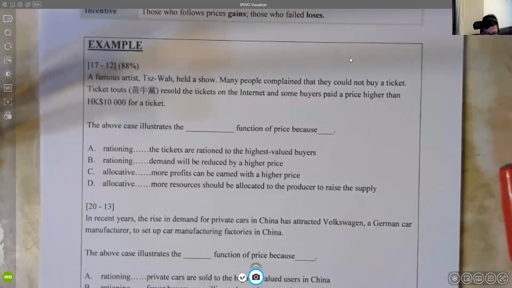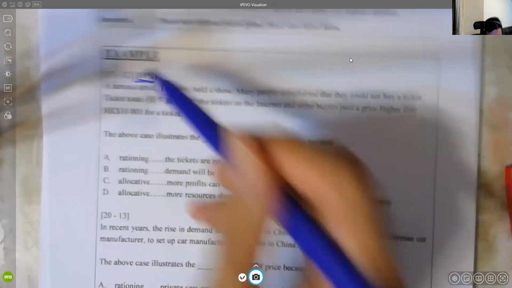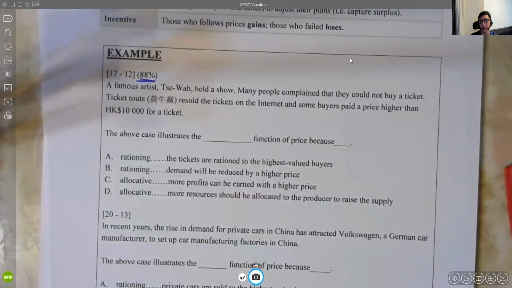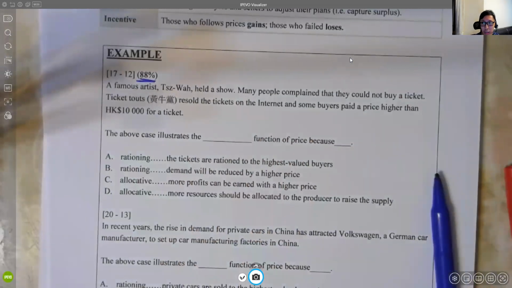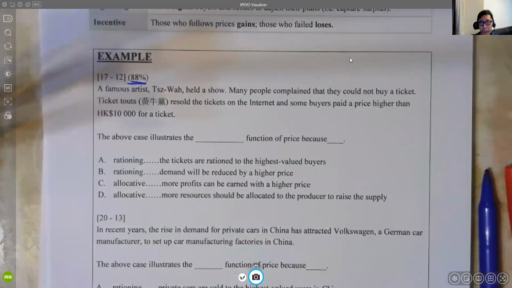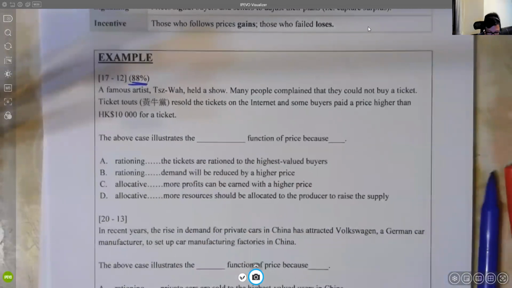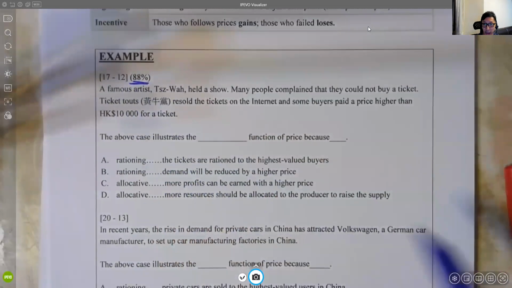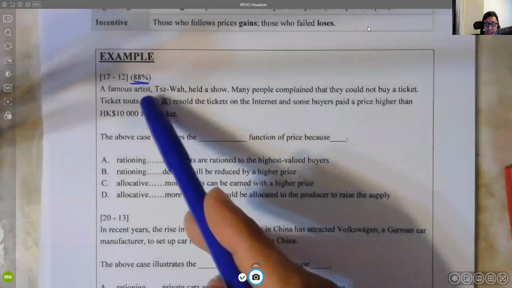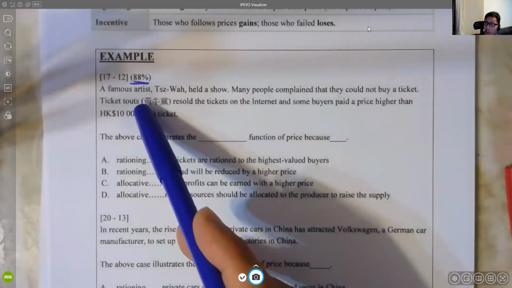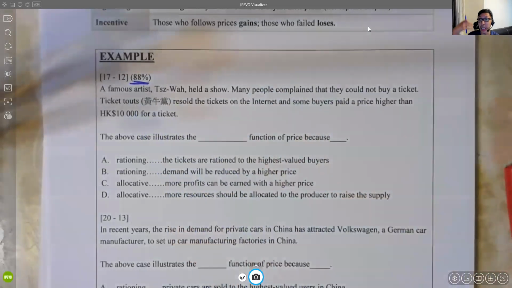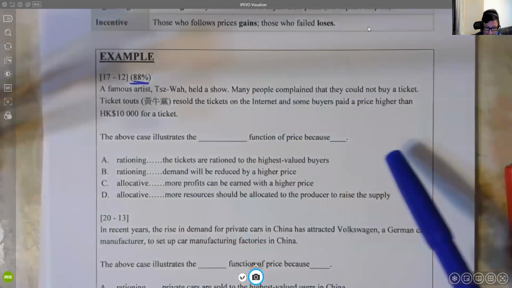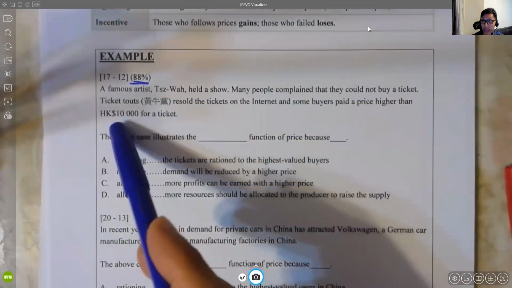All right. Now, 88%，好誇張㗎，88%啊。Okay, so meaning a lot of people know how to do this kind of question. 好啦，望望啦。Here we have a famous artist, 阿子華啦 係咪？Many people complain that they cannot buy tickets from 黃牛檔。咩叫黃牛啊？Basically, they rebid the ticket and set it as high as this amount of money.